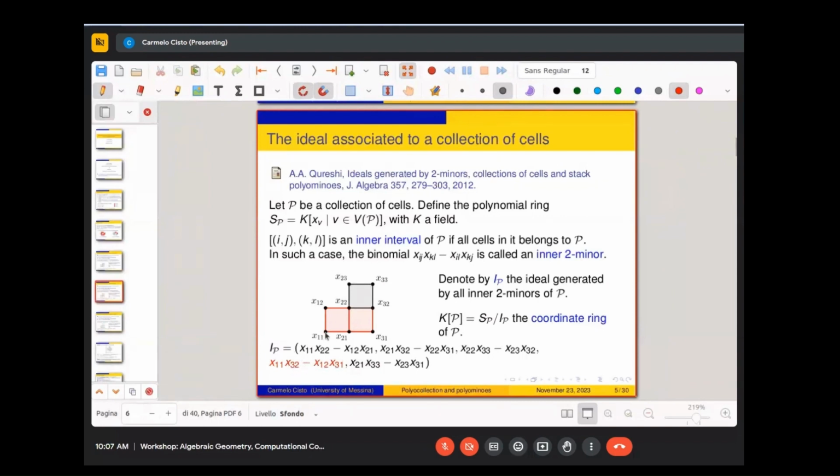For instance, in this case, the binomial x11 times x32 minus x12 times x31. Oh, this is another example. The other binomials are obviously associated to all cells of the collection, because every cell is also an inner interval.